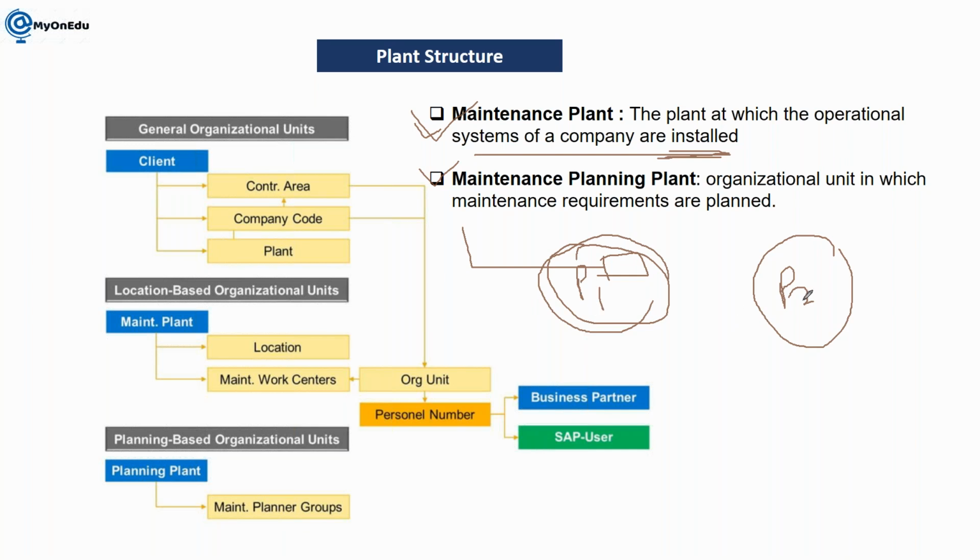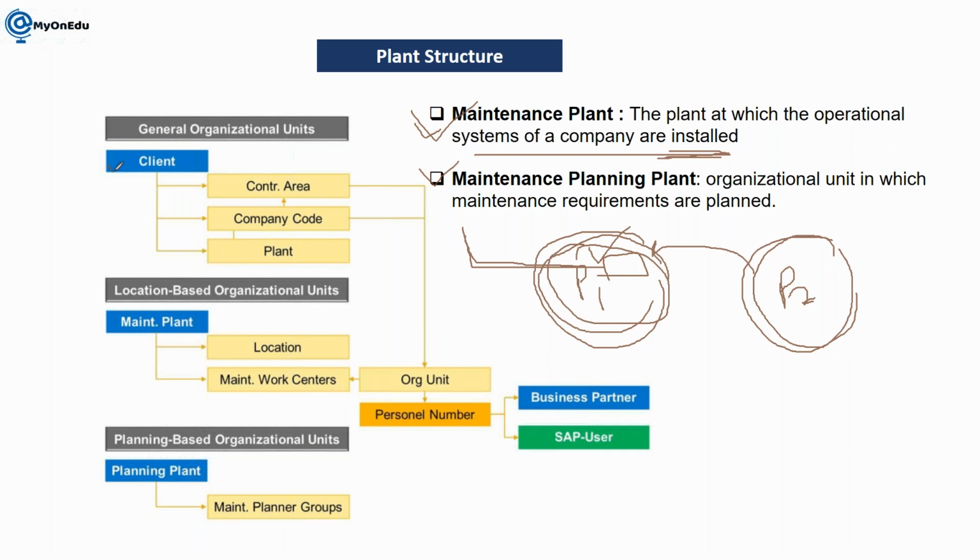However, P2 is the plant which is responsible for the maintenance activity for the equipment installed at the location within P1. So in this case, P1 is my maintenance plant, where exactly the equipment is installed, and P2 is my planning plant, which is responsible for the planning to perform the plant maintenance activity for this equipment.